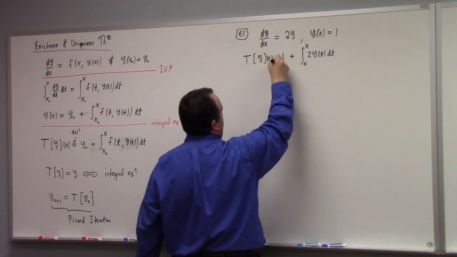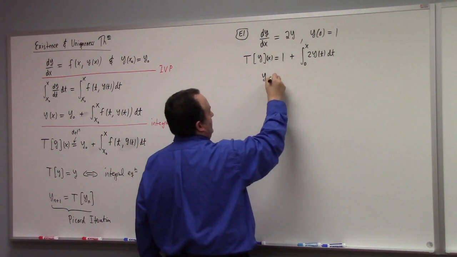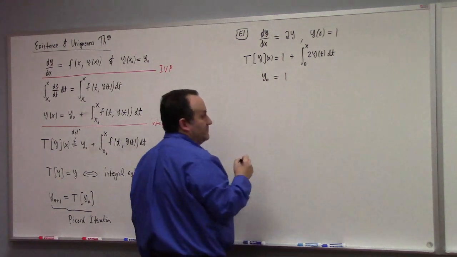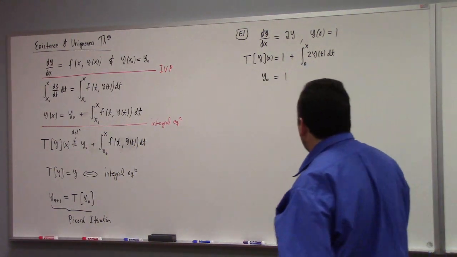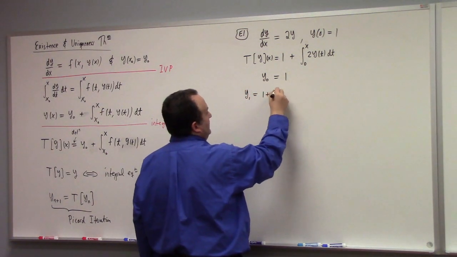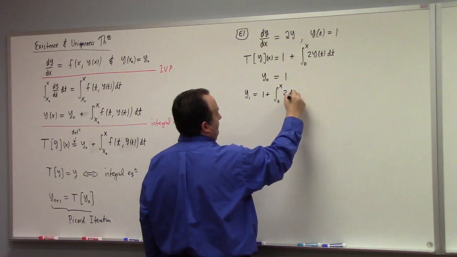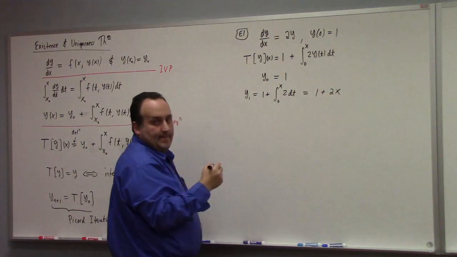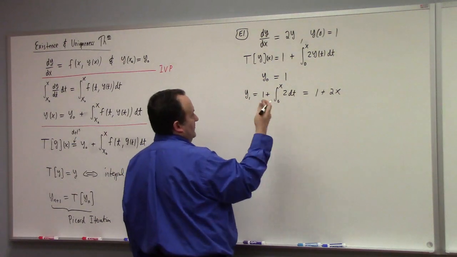So to get the iteration started, y0 is just the constant function 1. And then we do the first iteration to find y1. Well, y1 is 1 plus the integral from 0 to x of 2 dt. So that's 1 plus 2x. So that's y1.